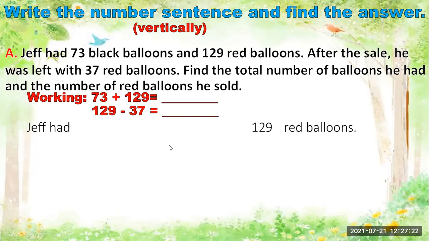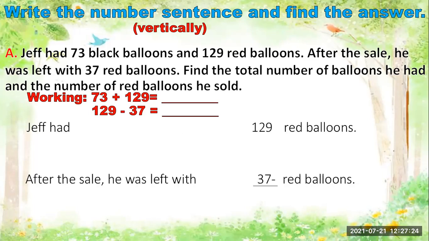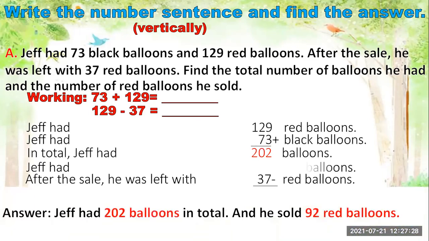So let's do it like this. Okay, Jeff had 129 red balloons. Okay, let me write here. As you can see here, Jeff had 129 red balloons, right? And then Jeff had 73 black balloons, as you can see here. So the word total indicates a plus sign.